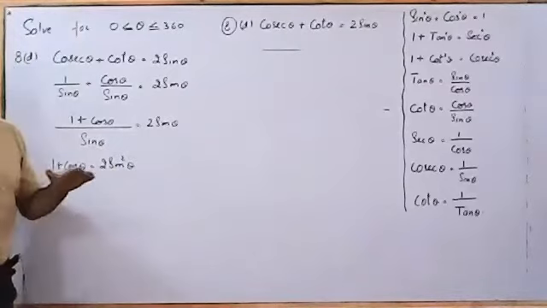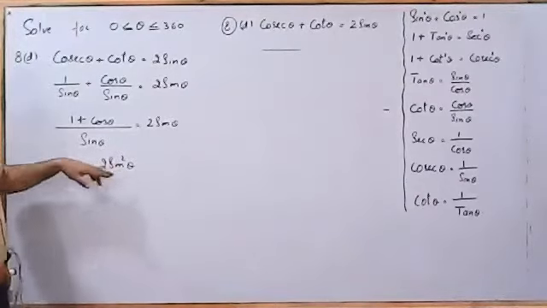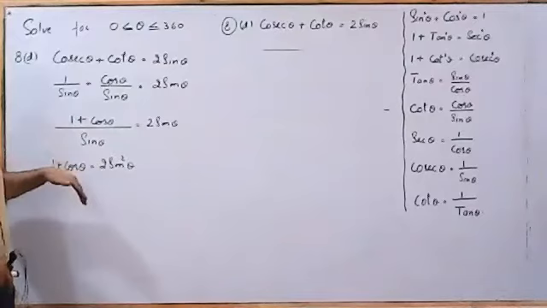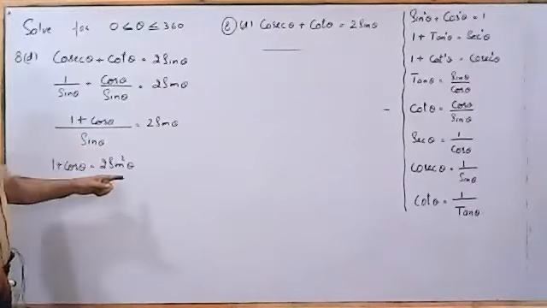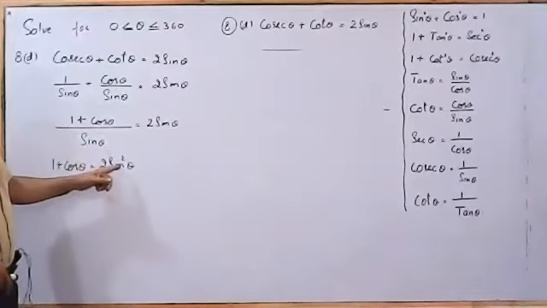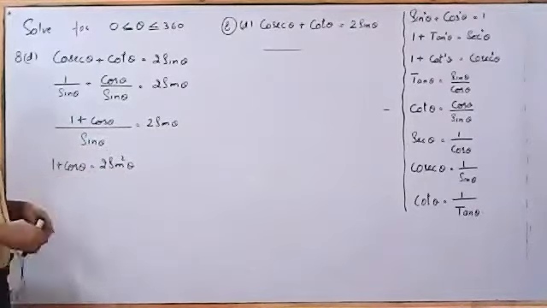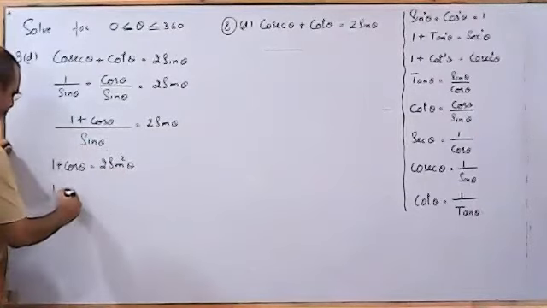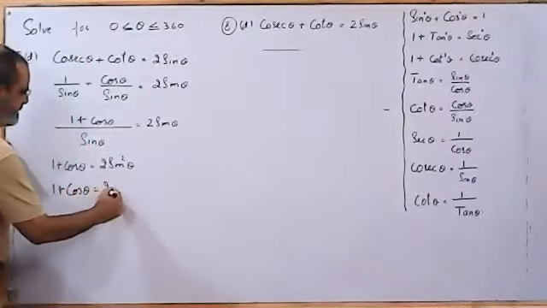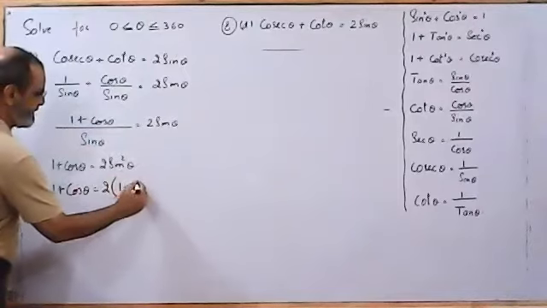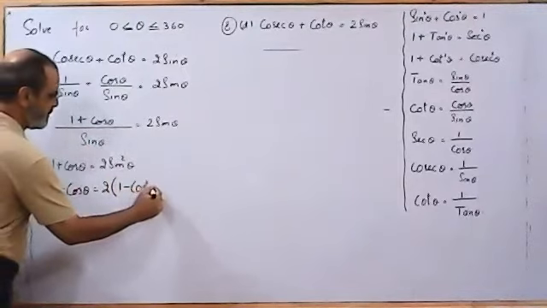Now, again, I need a single trigonometric ratio here, either all sines or all cos. I can change this sine square into 1 minus cos square, using the identity which you used in paper 1, sine square theta is equal to 1 minus cos square theta.